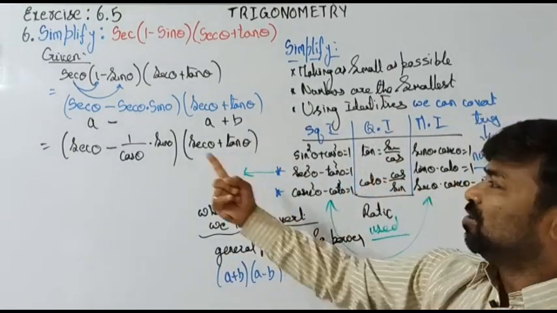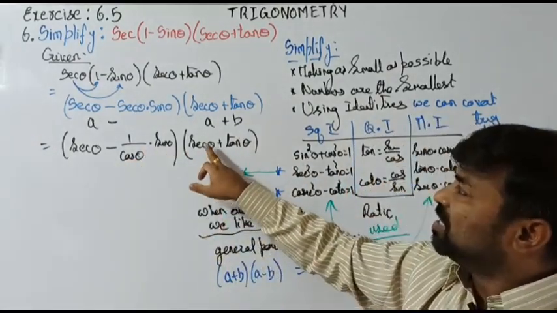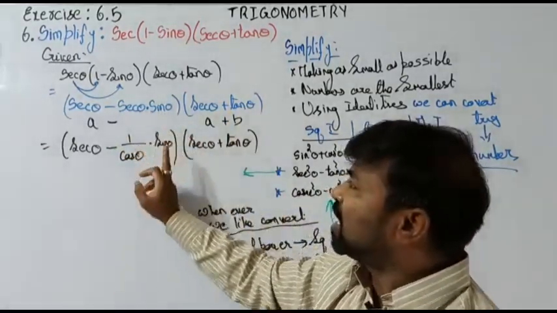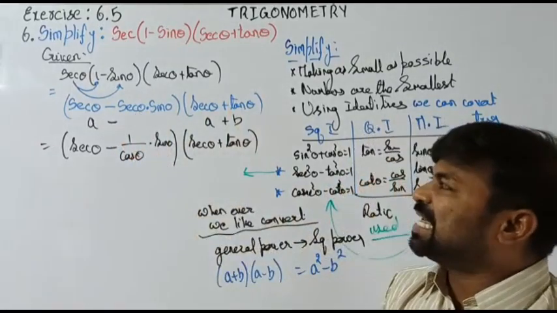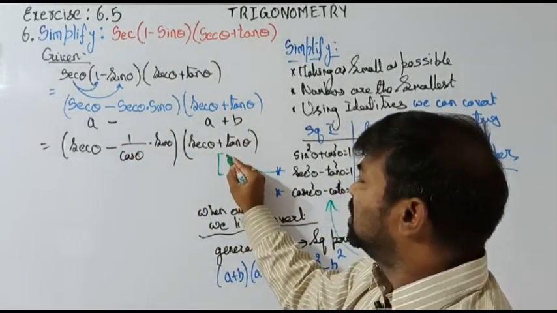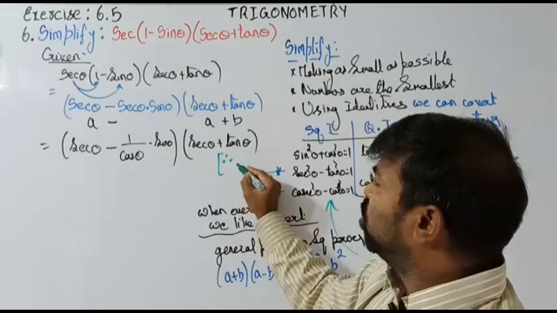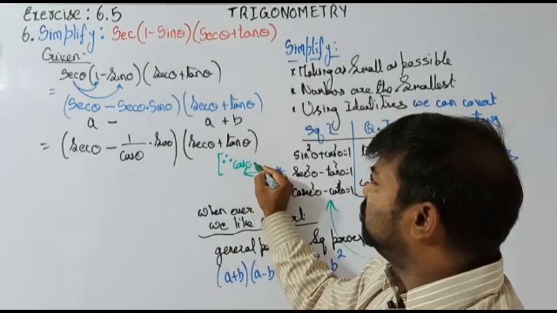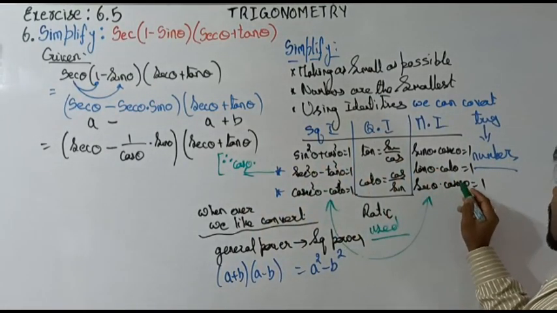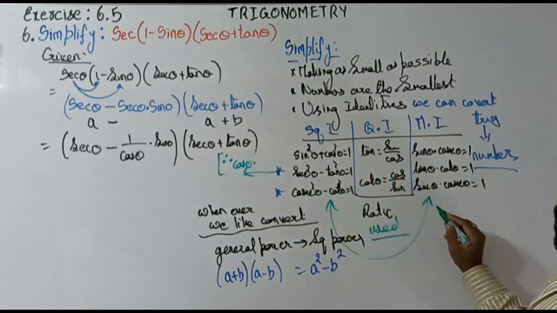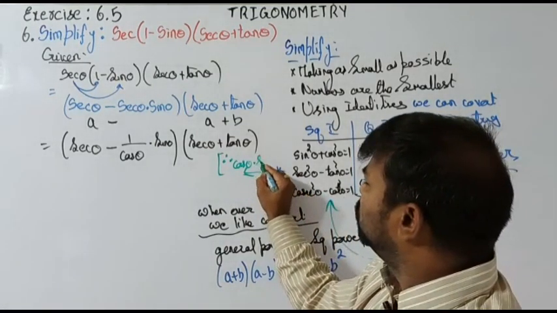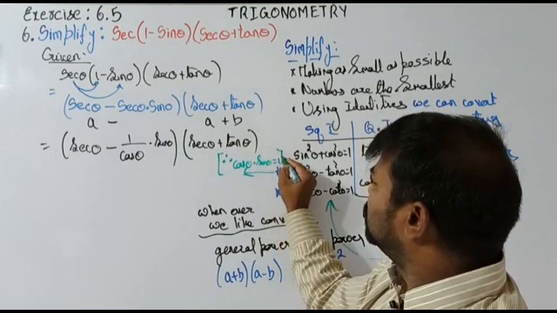Okay, now see, we are stepping forward, we are reaching. If this is a plus b, then this one is b, that is nothing but tan. We have converted secant as 1 by cos. Why? Because you can write the formula: cos theta into secant theta is equal to 1.